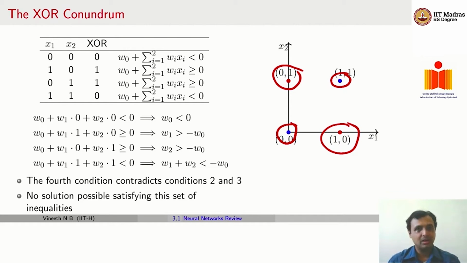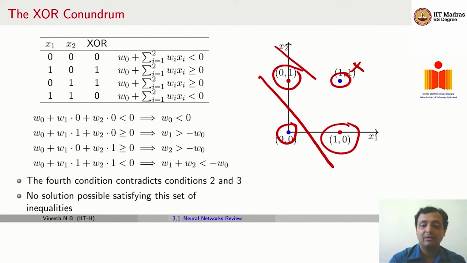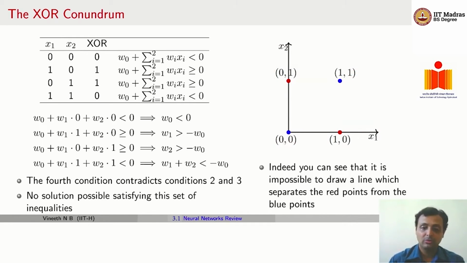And as we said, a perceptron simply embodies a line. If you draw a line here, you're going to get this element wrong. And if you draw a line here, you're going to get this element wrong. An XOR gate cannot be solved by a linear model. As you can see, it's impossible to draw a line which separates the red points from the blue points here.